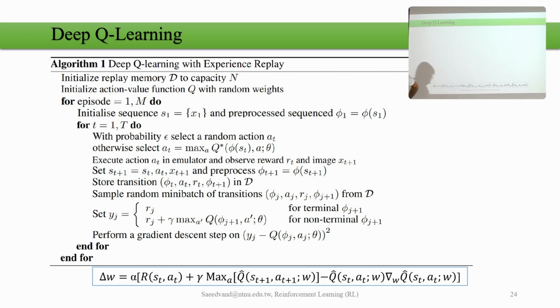Now we want to see the procedure of the algorithm, putting everything together. Keep in mind that we had this Bellman equation for updating the gradients. Let's have a look at how the algorithm flowchart, the algorithm procedure, works.